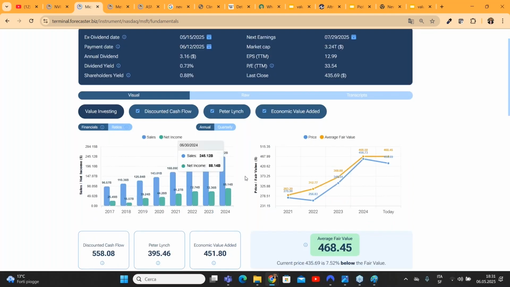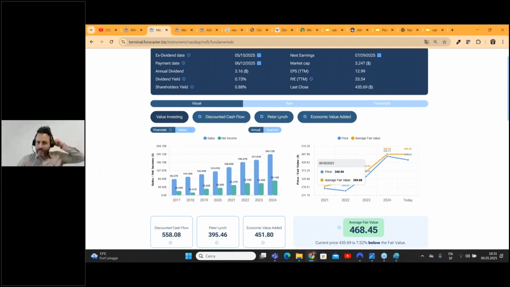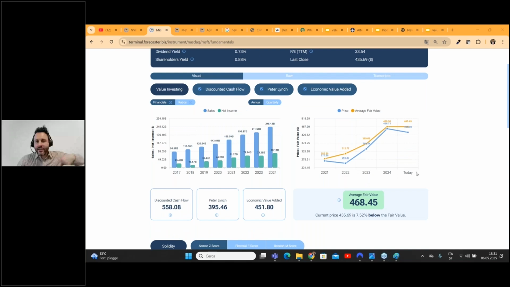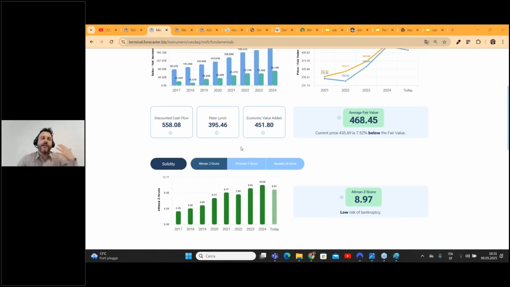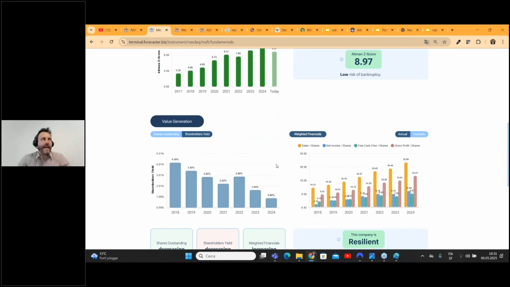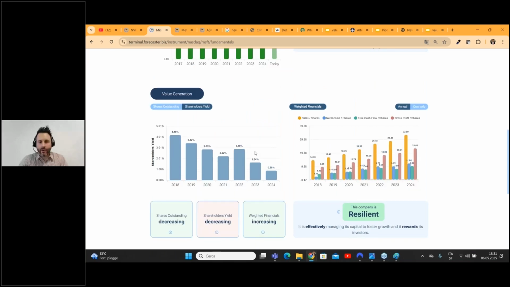And this is something that sometimes happens to companies, but it's something really bad because it means they are using your own money in order to pay you a dividend. Okay, so this is a very important metric, the shareholder yield, because it tells us if the company is really paying its shareholders or not.